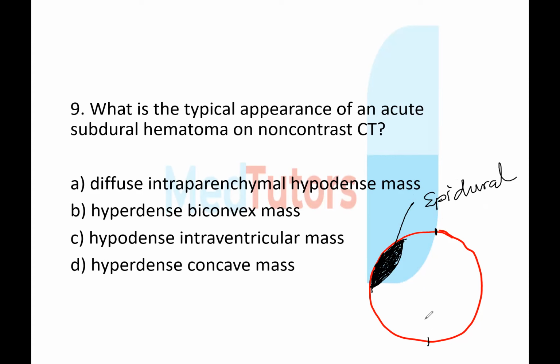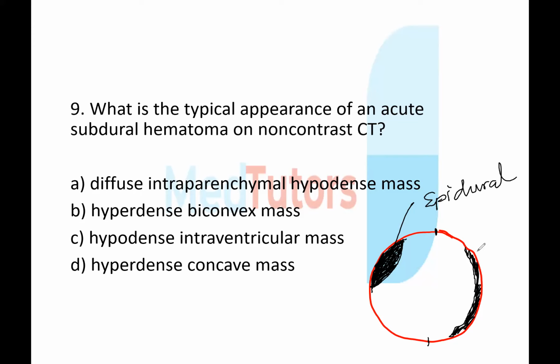Now, subdural hematoma presents as crescentic, that is concave on the inside and convex on the outside. That is subdural. So you can call it a concavo-convex.